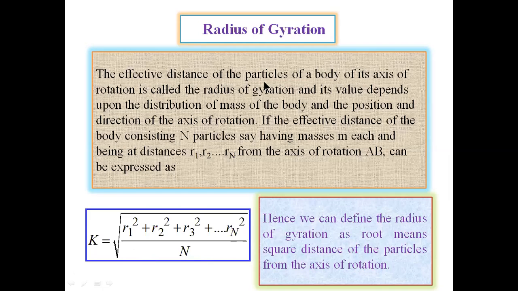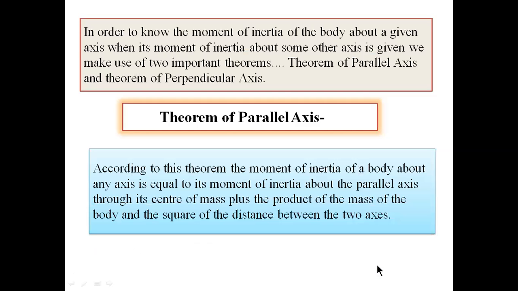Hence, we can define the radius of gyration as the root mean square distance of the particles from the axis of rotation.